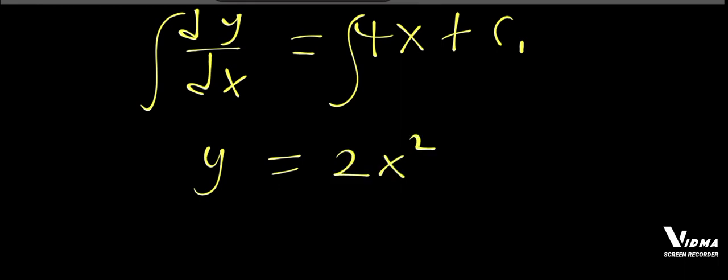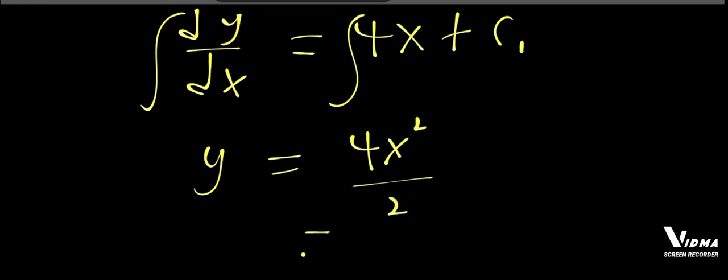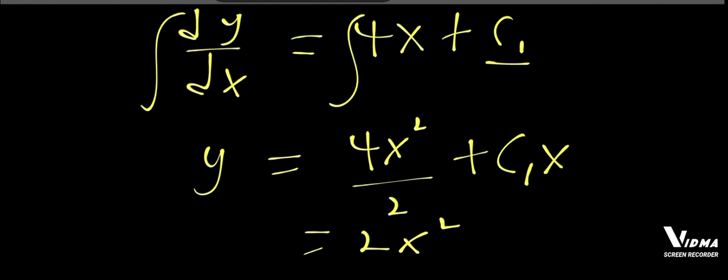2x squared. Please, if your integration is weak, I advise you to revise on that. Let me slow down. For this lesson, let me just show you. We have 4x squared over 2, and that gives us 2x squared. And since this is a constant, when we integrate with respect to x, we get c1x.